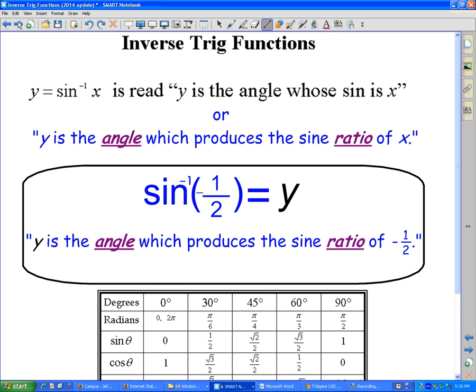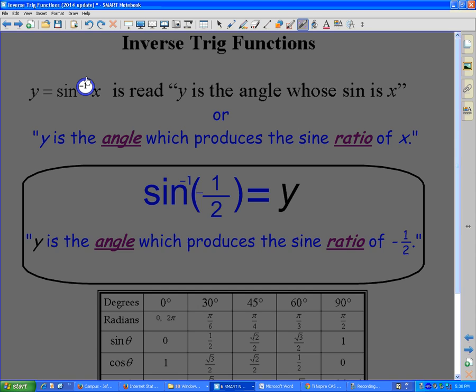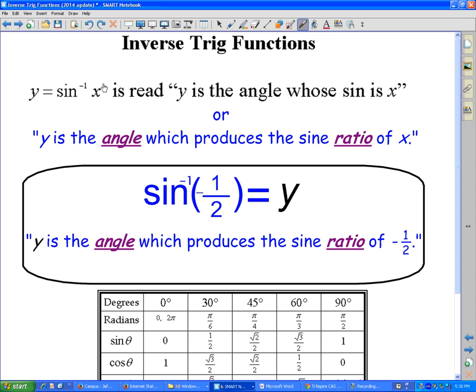The other thing I wanted to talk about is just the fact that there are, depending on your textbook, other ways of naming these functions. We've always used the inverse sine concept, where you have the little -1 indicating the inverse function. But a great number of textbooks don't do it this way.